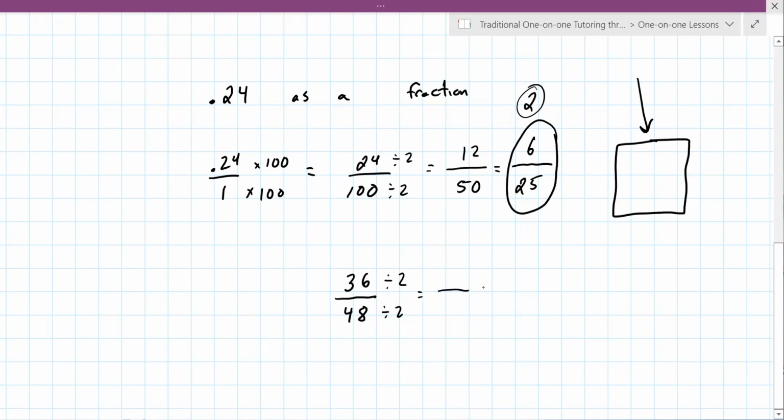So first it's, wait, no. Half of 36. Yeah, it's 18. Okay, and then half of 48 is 24.